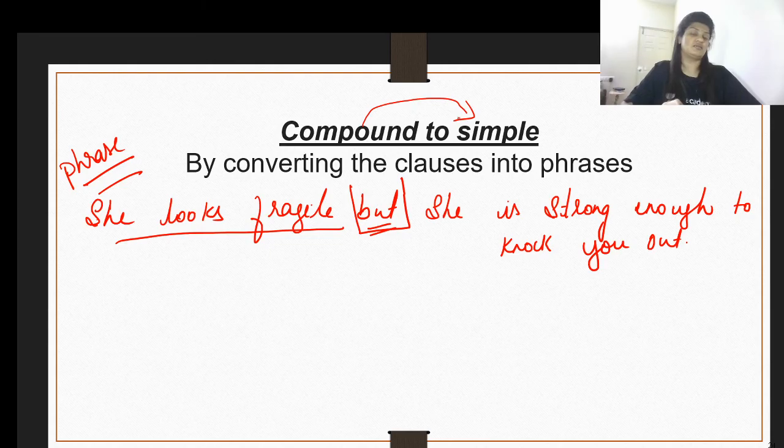A simple sentence doesn't have any conjunction. It doesn't have two different clauses, but it definitely has a phrase. Therefore, you have to convert one clause into a phrase. Let us pick this clause.